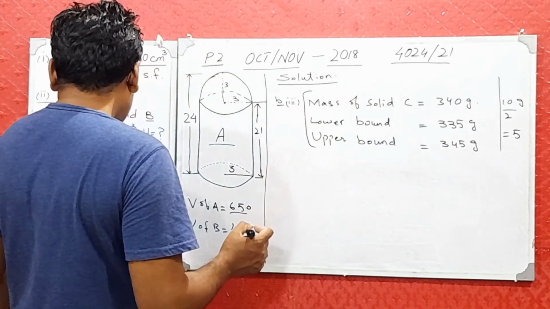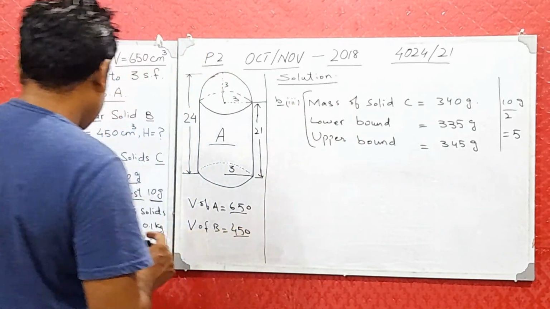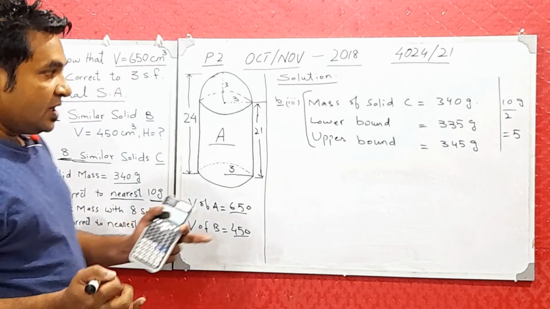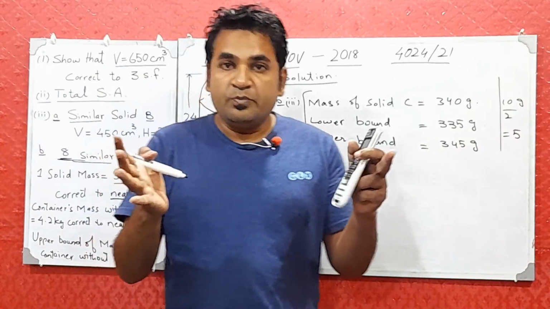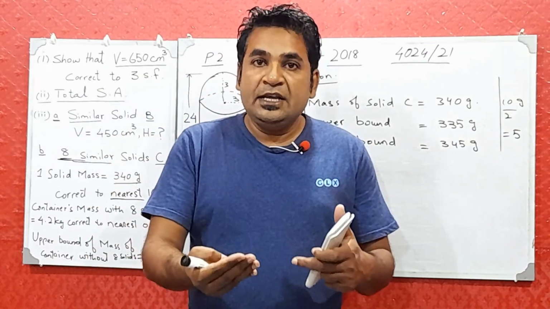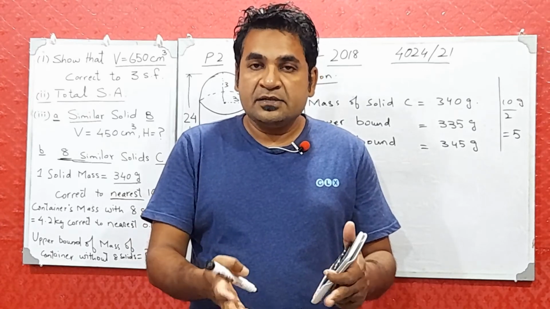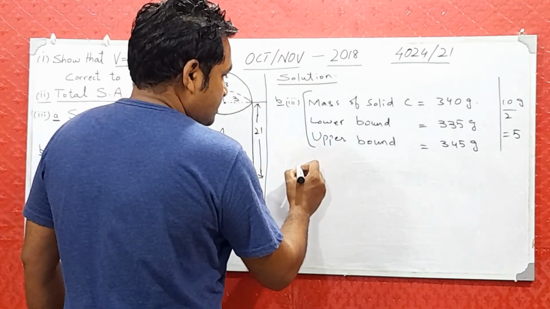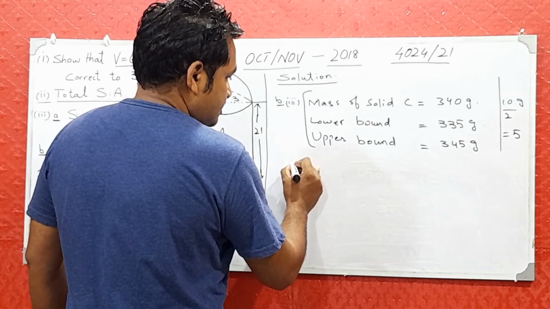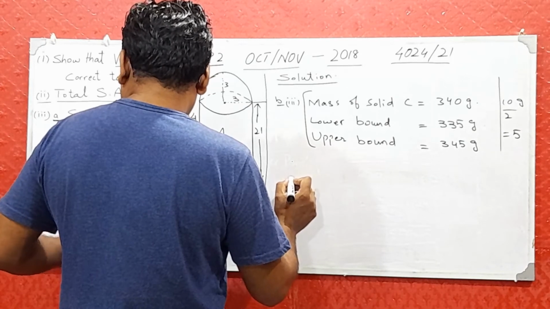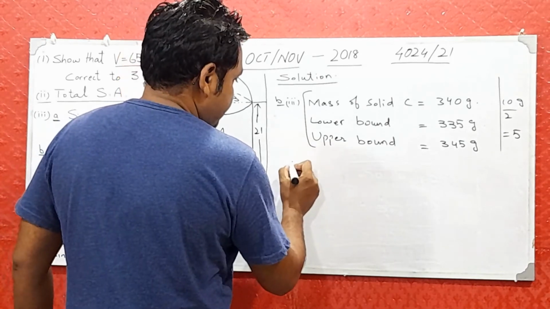Now there is a container. We are going to pack all these 8 solids in a container, and with all these 8 solids, the mass of the container is 4.2 kilogram.